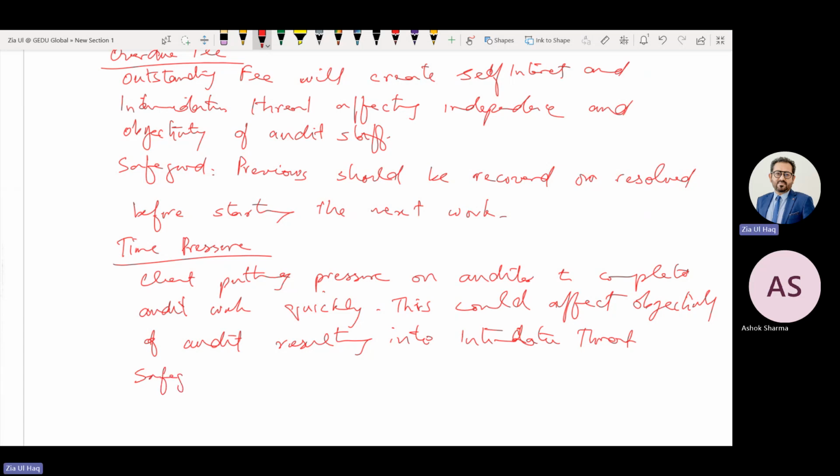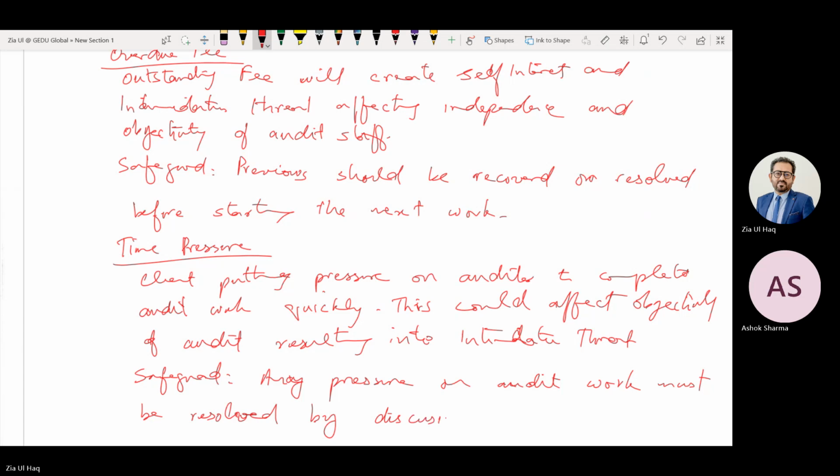Safeguard. How can we resolve this? Any pressure on audit work must be resolved by discussion with audit committee.